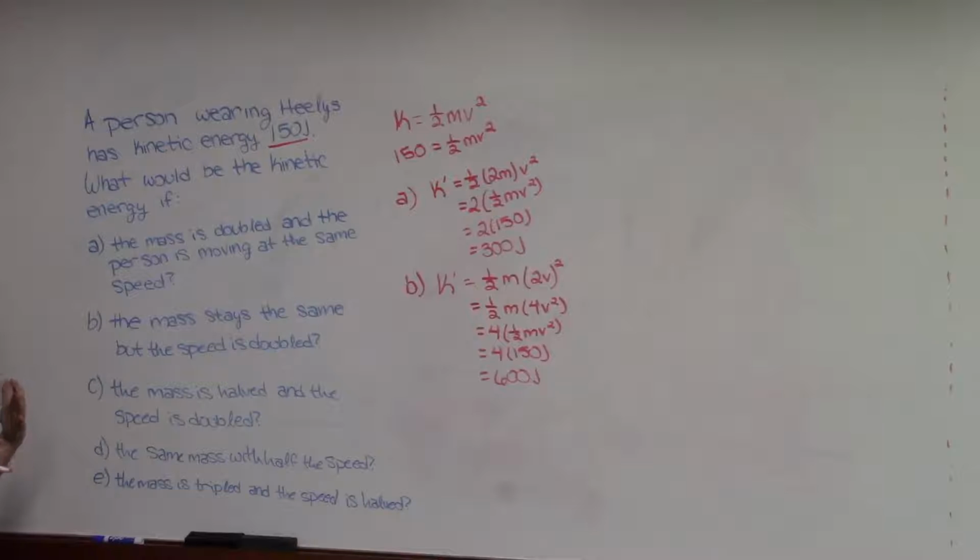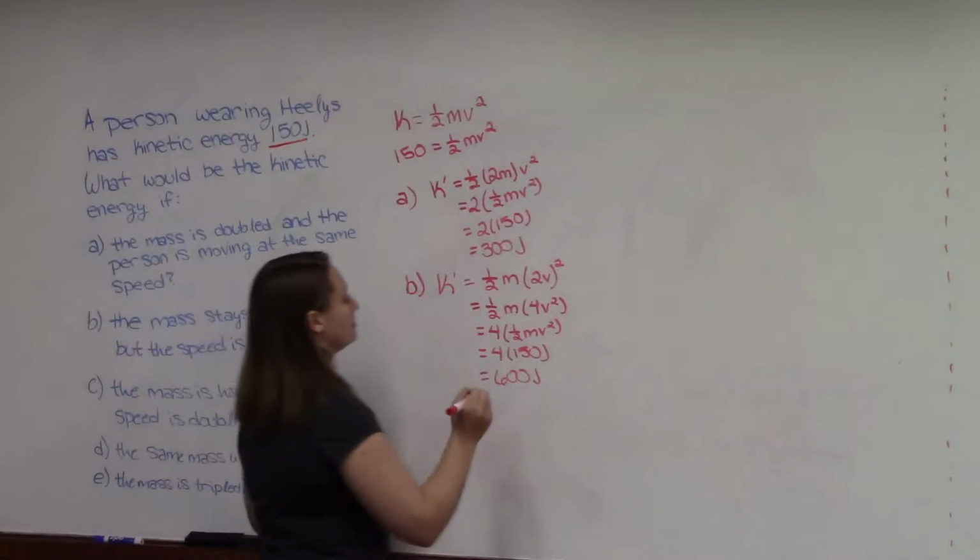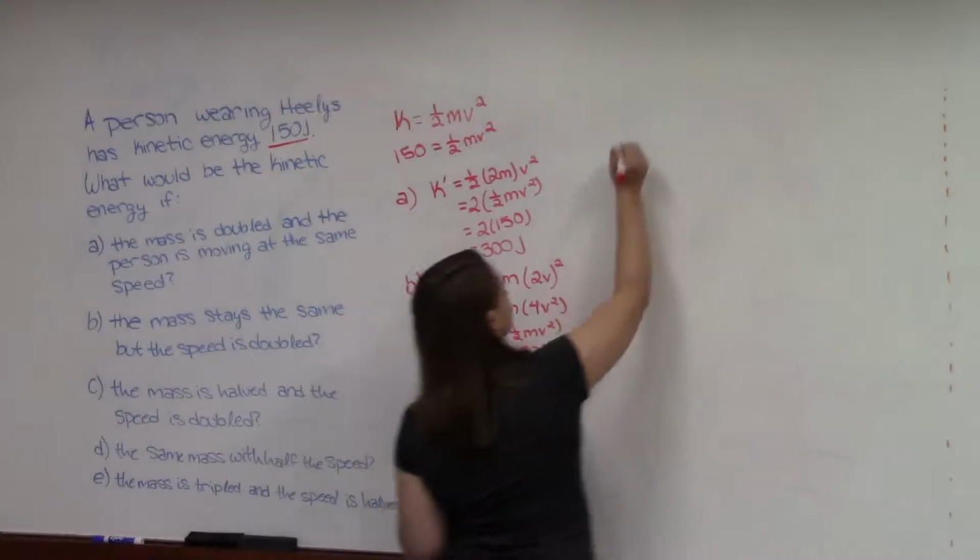So you can see if our mass changes or our velocity changes, that changes our kinetic energy in different ways because of how they are in the formula. So for part C, our mass is halved and our speed is doubled.